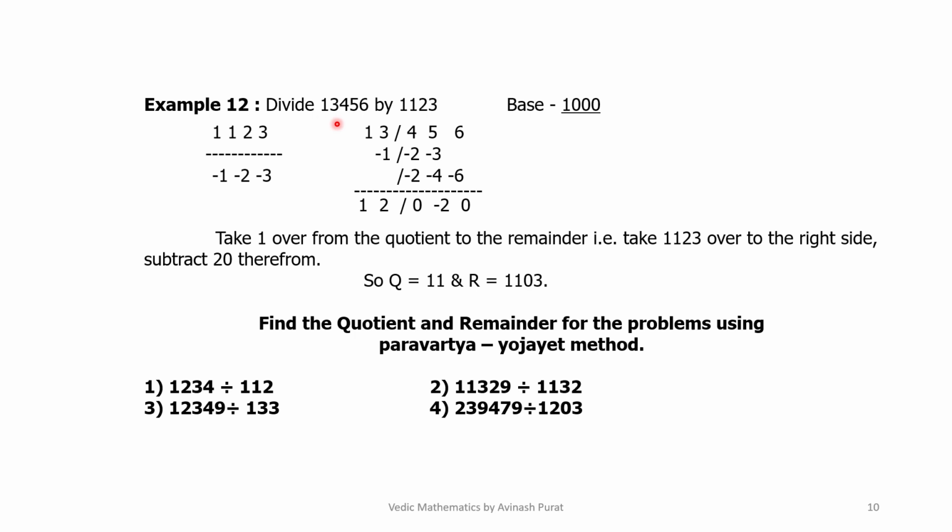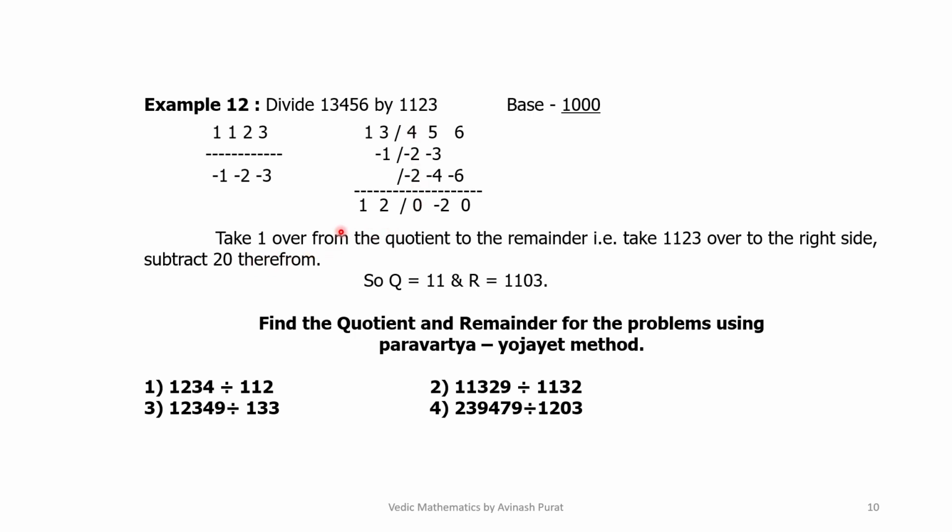12th example, divide 13446 by 1123. Base is again 1000. 1123 minus 1 minus 2 minus 3 brought down. 13 stroke 446. 1 brought down. 1 multiplied by minus 1 minus 2 minus 3 is minus 1 minus 2 minus 3. 3 minus 1 is 2. 2 multiplied by minus 1 minus 2 minus 3 is minus 2 minus 4 minus 6. 5 minus 3 is 2. 2 minus 4 is minus 2 and 4 minus 2 is 0.